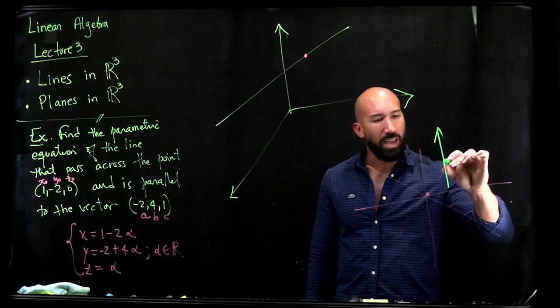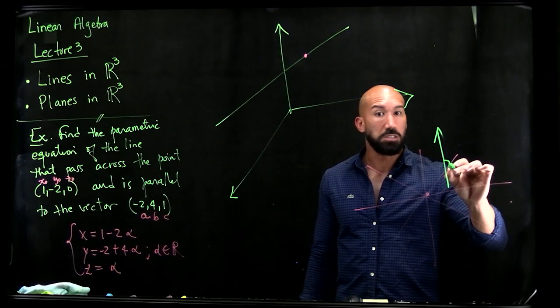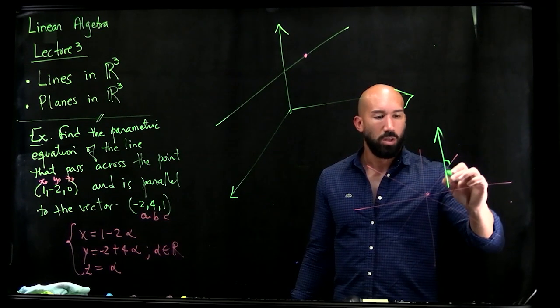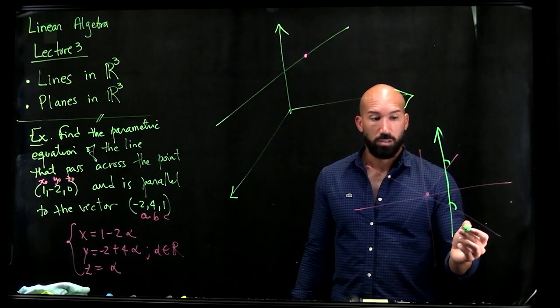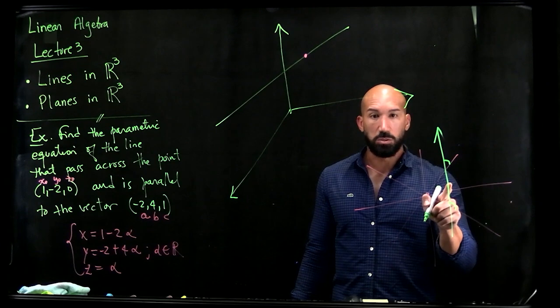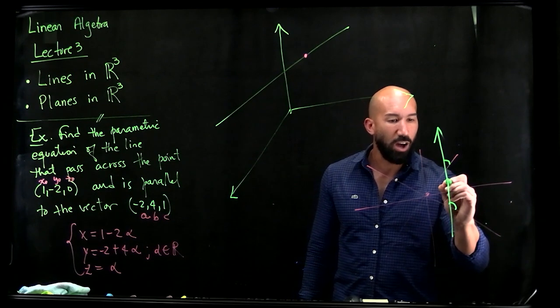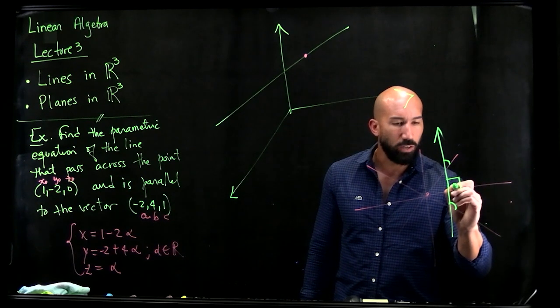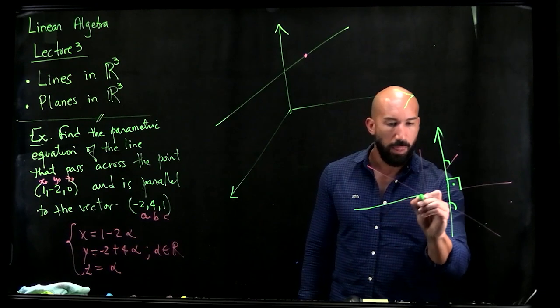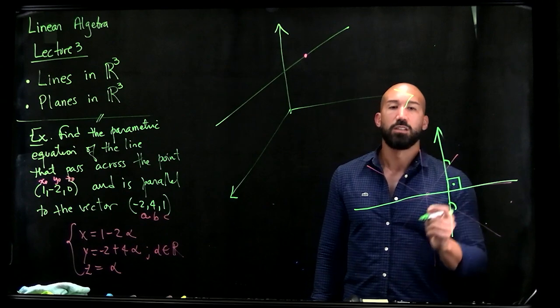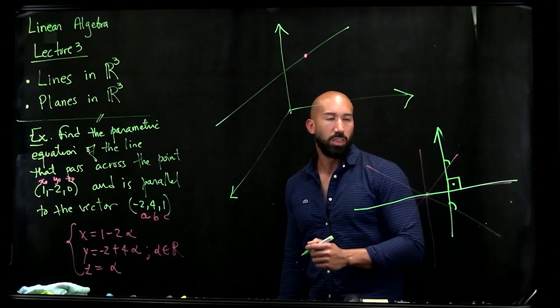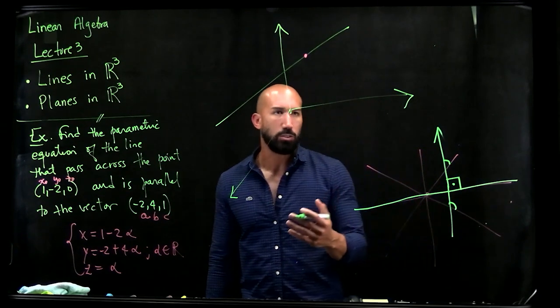What is the angle here? Is it 90 degrees? No. What is the angle here? Is it 90 degrees? No. What is the angle between these two? Well, they are parallel, and so on. So out of the infinite lines that we have, we are going to choose the one that is passing across that point by forming an angle of 90 degrees with the given vector. That's what we did in R2.